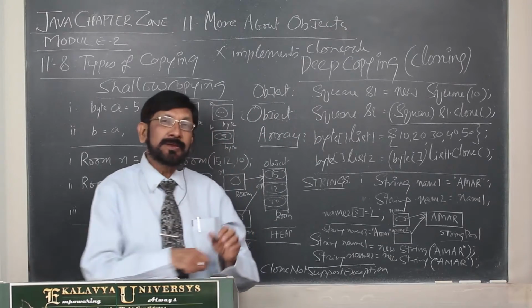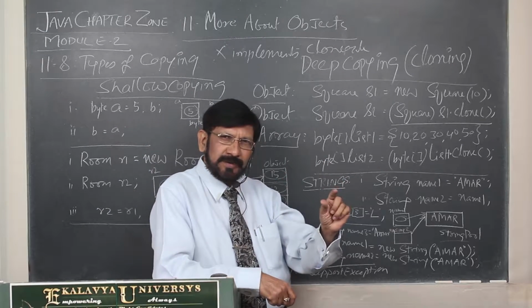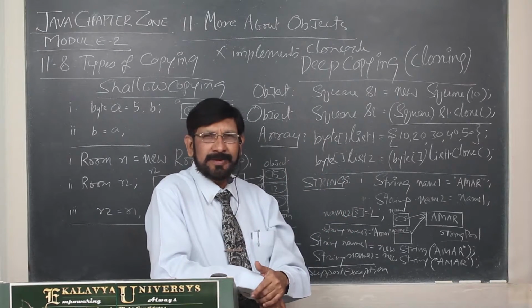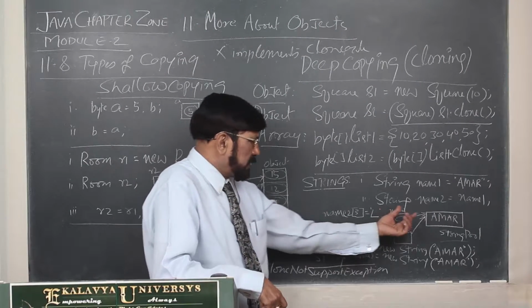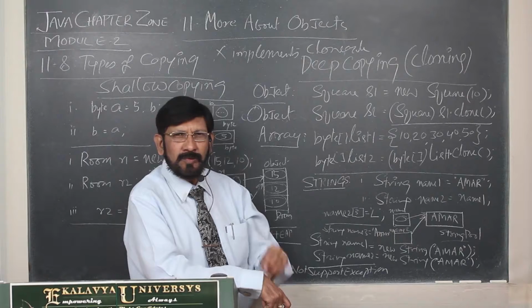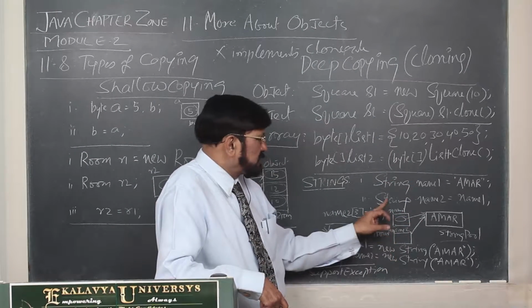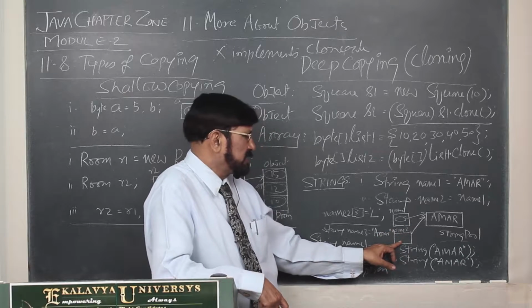It is called the string pool. On the string pool, one object is created one time only. Suppose "Amar" is one string object. You may create it 100 times, but it is linked up like this.